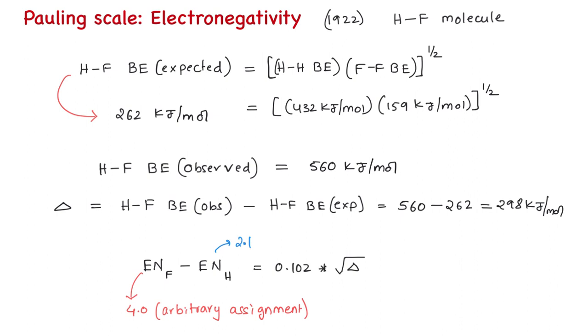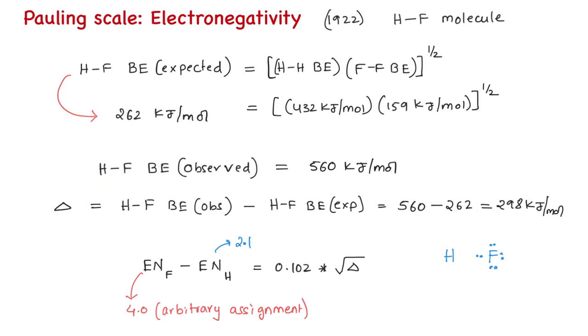According to Pauling, if the hydrogen and fluorine had the same electronegativity, then the HF bond energy should be the geometric mean of HH and FF bond energies. However, because the electronegativity of fluorine is higher than that of hydrogen, the shared electron pair between the hydrogen and fluorine is closer to the fluorine atom.